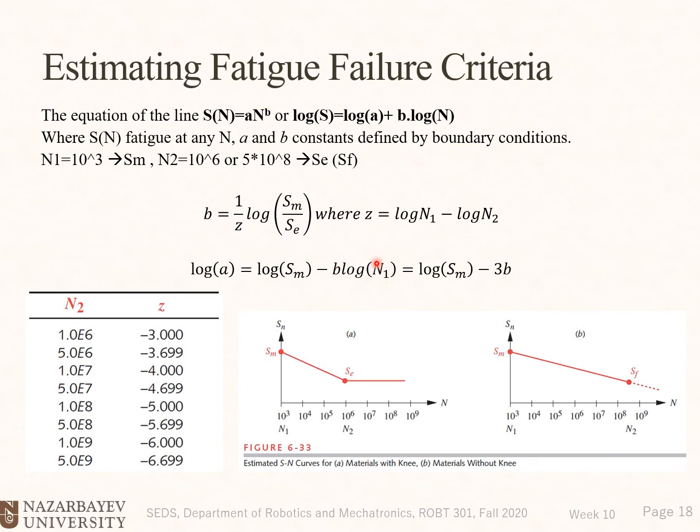And since N1 is 1000, the logarithm of N1 is 3. So it's equal to the logarithm of Sm minus 3B. So now you see that you managed to find B and A, and then having this complete formula, you can find the fatigue strengths for any number of cycles.